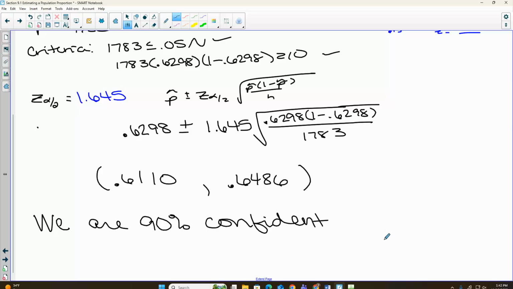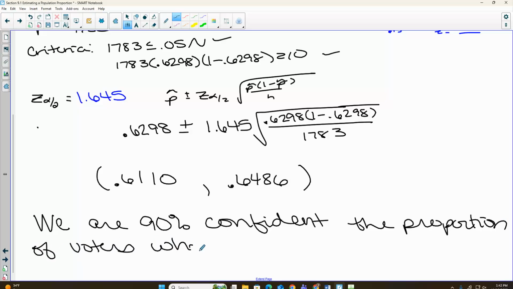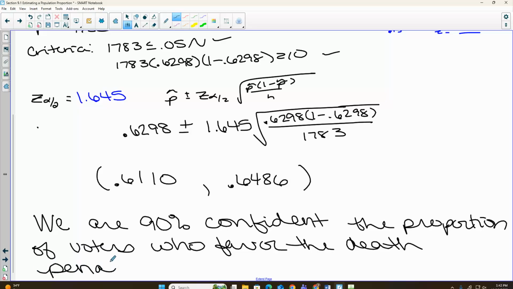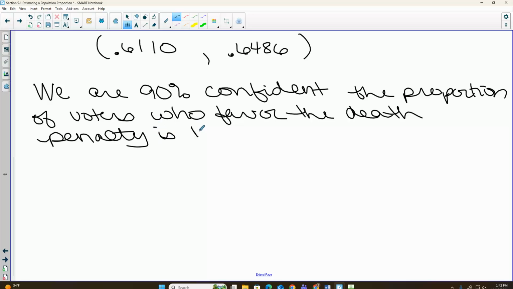The proportion of voters who favor the death penalty is between 0.6110 and 0.6486.